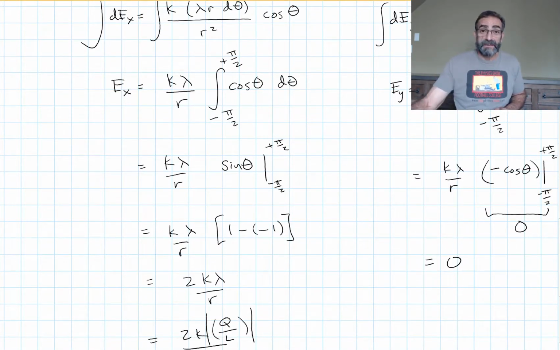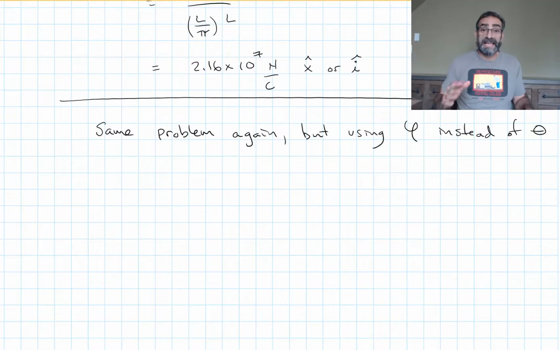What I want you to do now is go back and do this problem again, but use the angle with the y-axis. Use phi and see if you can set that up and get the exact same answers. So we follow the same thought process through the problem. We pick a little chunk dq.